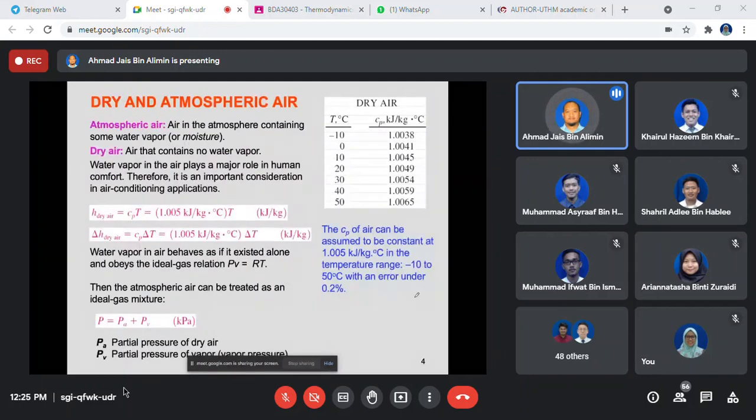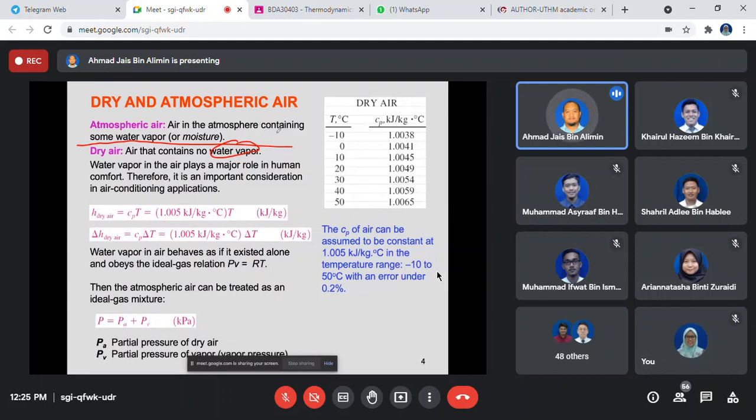So we begin by defining and understanding how we define dry and atmospheric air. So usually in the exam, the question will normally ask about the definition of the key parameters in the topic. For example, here you need to define what is the atmospheric air and the differences. The main difference is the water vapor.